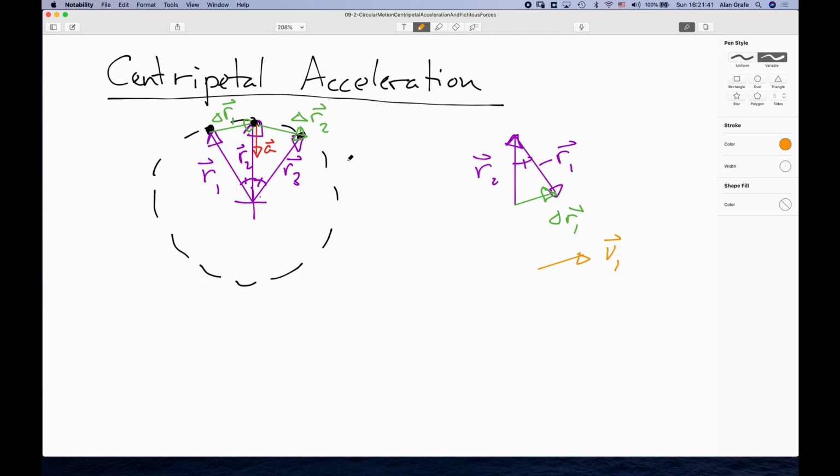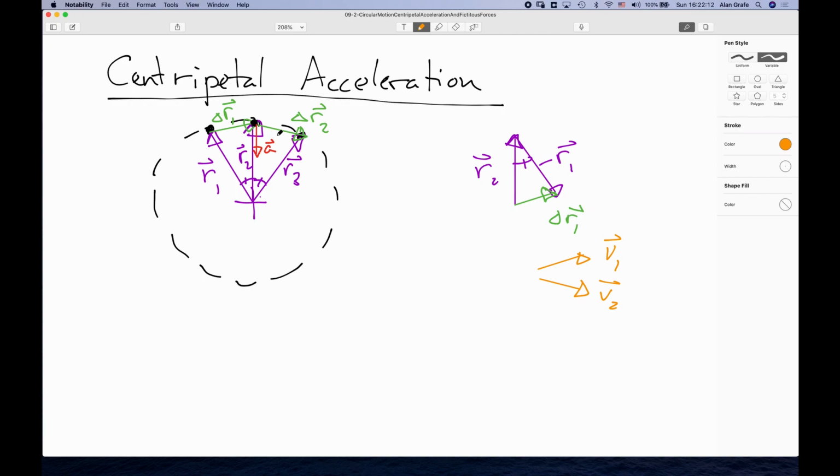And similarly, V2 would point down and to the right, the same angle that V1 was pointing up and to the right, like so. And these are technically average velocities, but the game we're going to play is that eventually we're going to say that the time intervals are extraordinarily small.